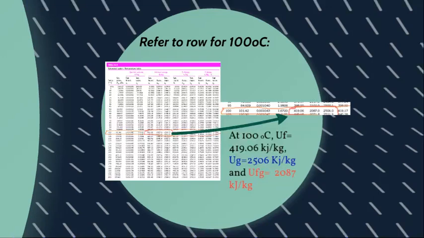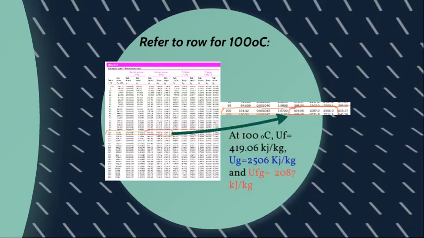Yes, we can see the value of internal energy of saturated liquid is 419.06 kJ per kilogram and saturated vapor is 2506 kJ per kilogram. The value of ufg here is 2087 kJ per kilogram, where if you do manual subtraction between uf and ug, you will get the same value as given.